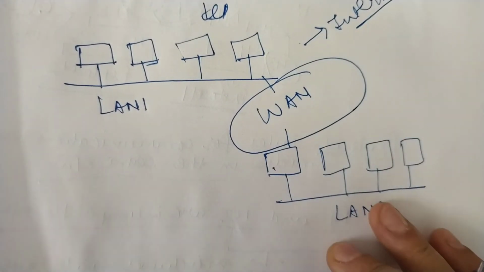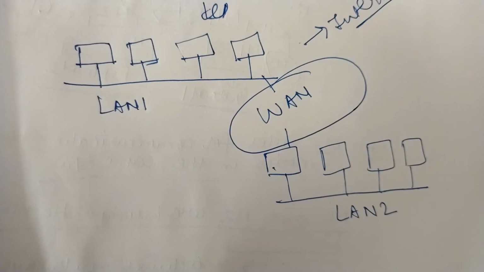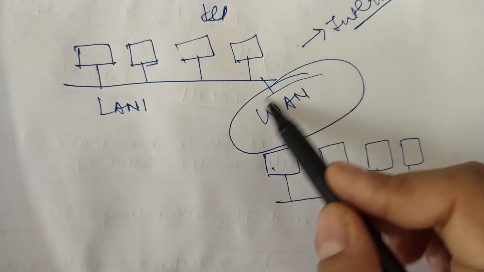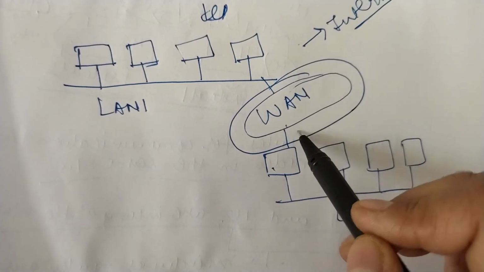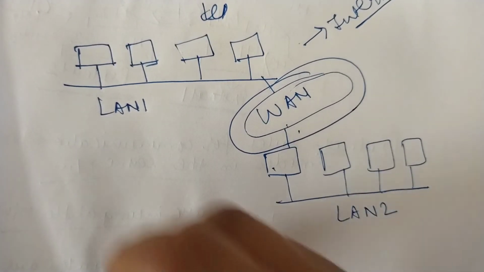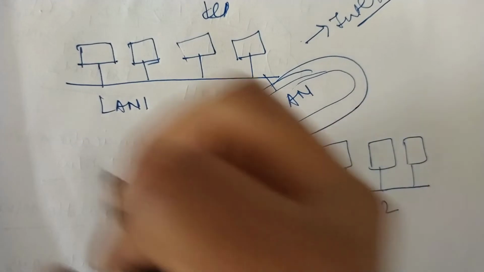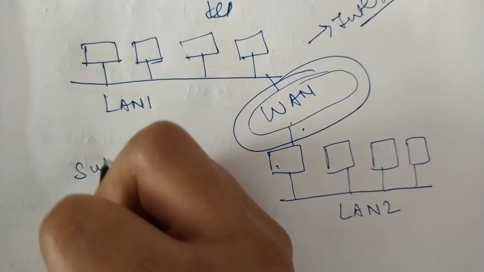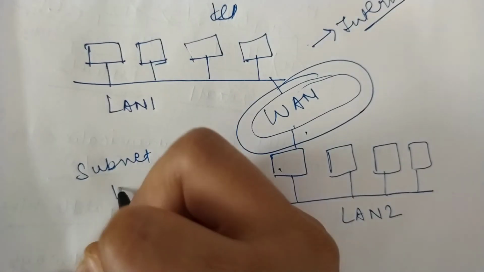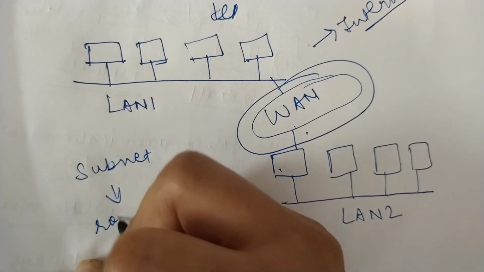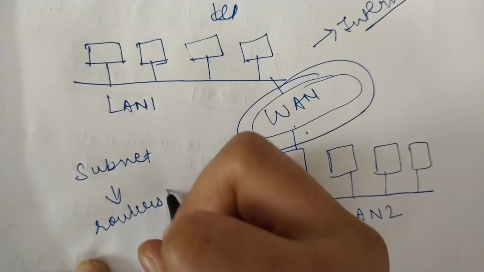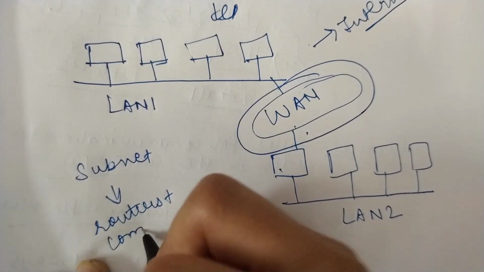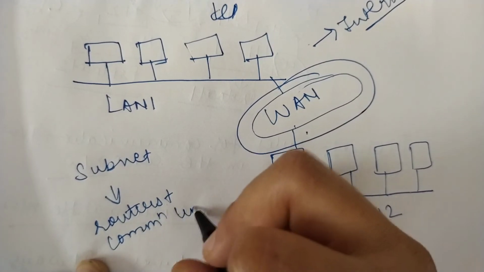So the only difference between a subnet and a WAN: now you would say that different LANs are also connected using subnets, but a subnet consists of only the routers and the communication lines, right?